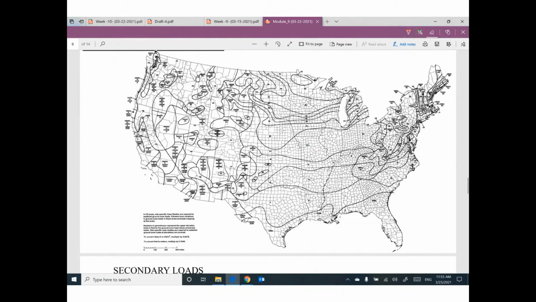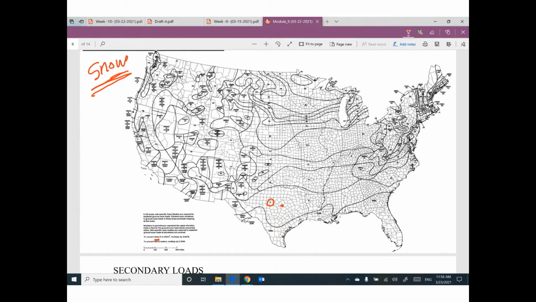You need to locate your area of land or city or town or village. So for example, we are here in this area of Texas. Based on this atlas, I can figure out this number, but this map is talking about snow. So we expect 5 pounds per square foot of snow.